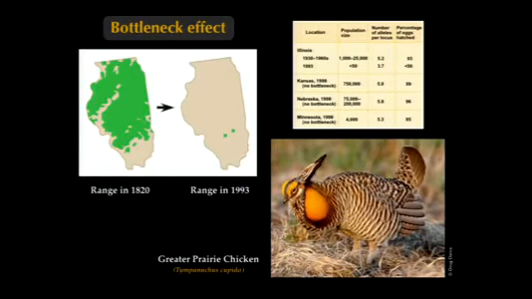Well, what does that mean for the biology of the creature? In this case, it means a loss of fertility, a loss of reproductive success, because the eggs hatched per individual were seen to decline relatively steeply in those populations, where they didn't decline in neighboring states where the populations were not reduced as dramatically.